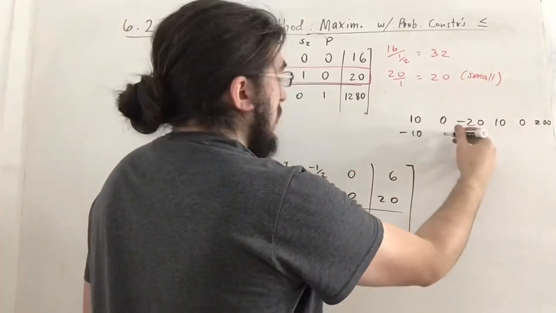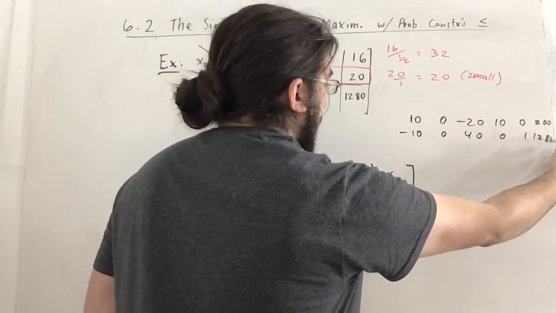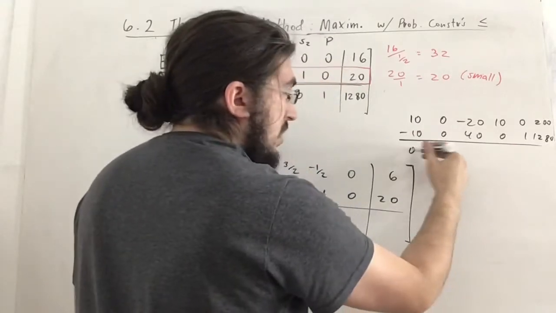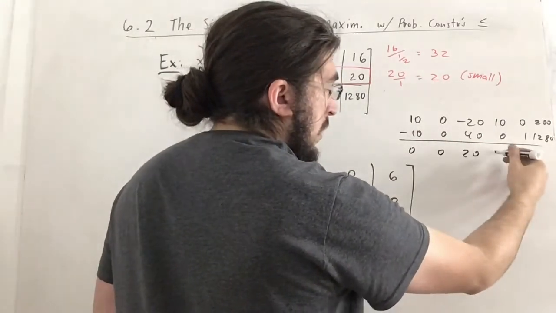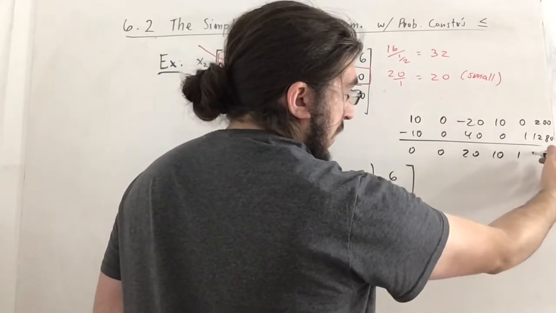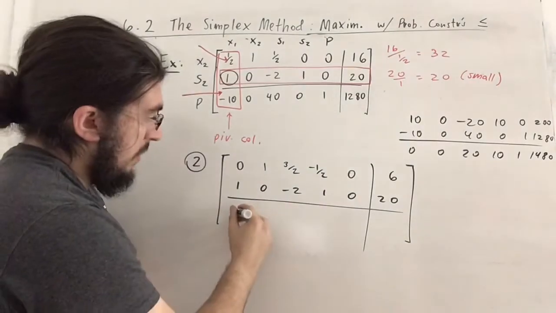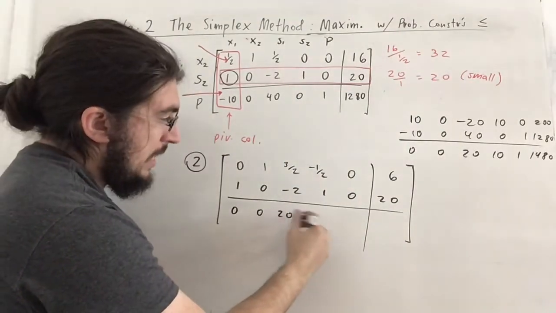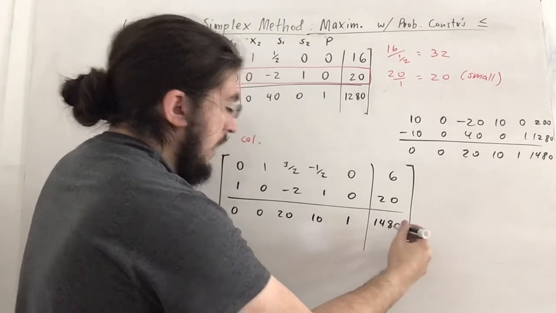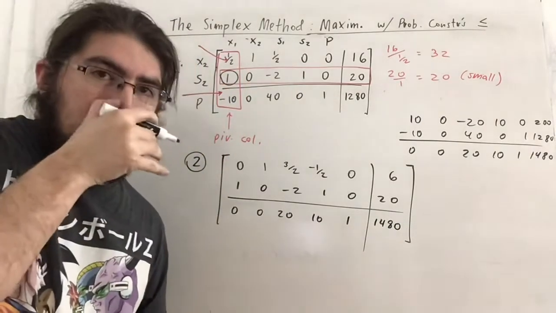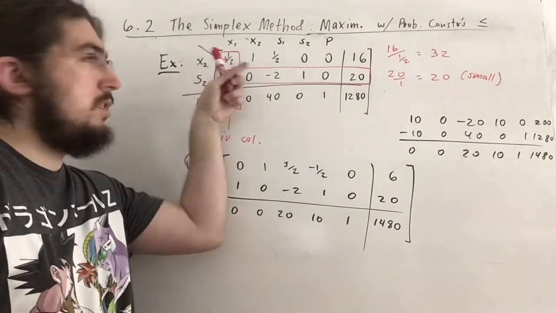That's -10, 0, 40, 0, 1, and 1280. Now adding these together gives us 0, 0, and that'll be 20, 10, 1, and that's 1480. So let's write that for our third row. So we have 0, 0, 20, 10, 1, and 1480. Perfect, we're done.